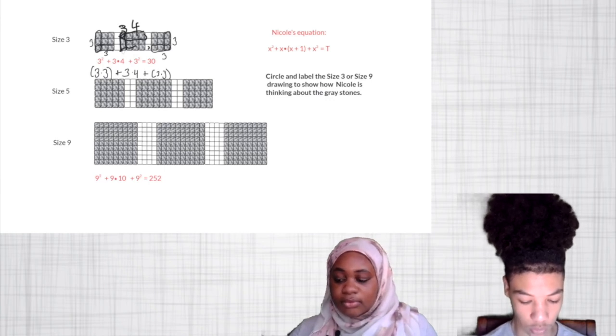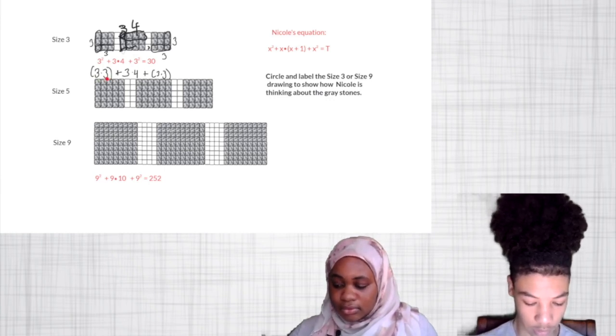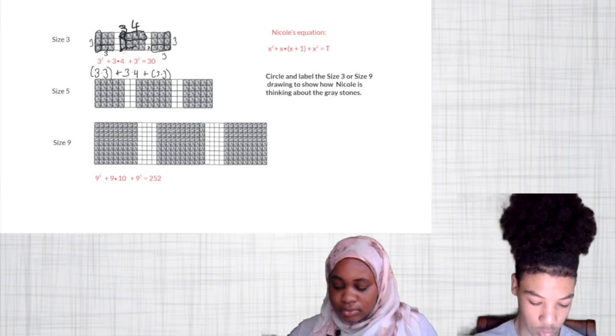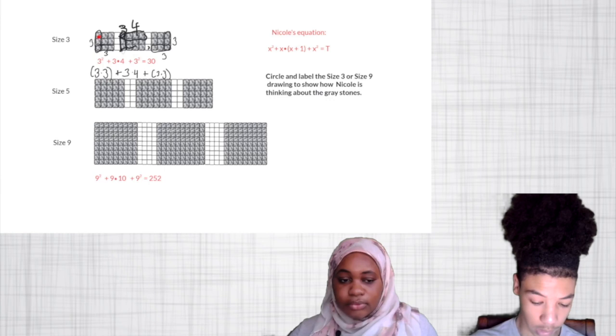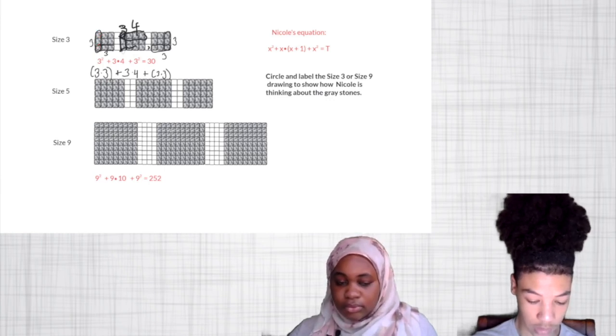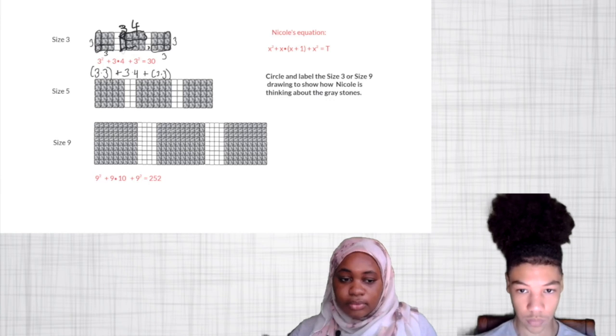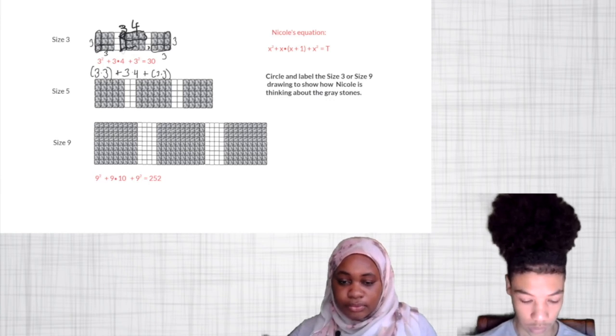So this 3 squared means the 3 times 3, which is going to, the first 3 is going to represent the 3 tiles in one column. And the second 3 is going to represent 3 tiles in one row. So what does the multiplication mean, the 3 times 3?